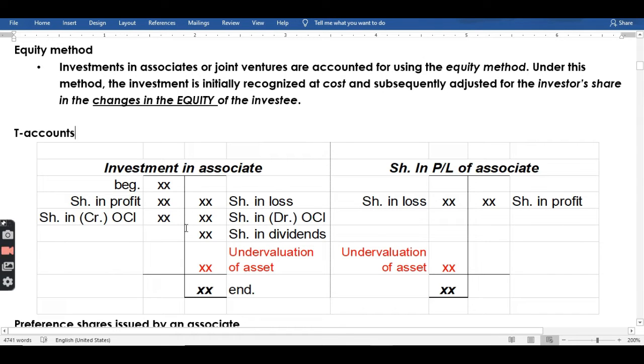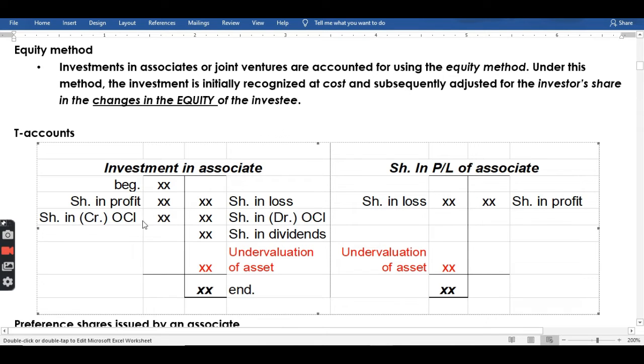Okay? Ganun din, whenever there are increases in the OCI, kasi kailangan mo rin i-consider na you are also going to share in the other comprehensive income items of the investee because you are talking about the equity items of the associate. So kapag may mga OCI components yan at may share ka din doon, syempre kailangan mong gumawa din ng journal entry.